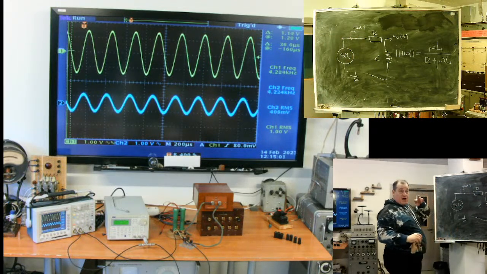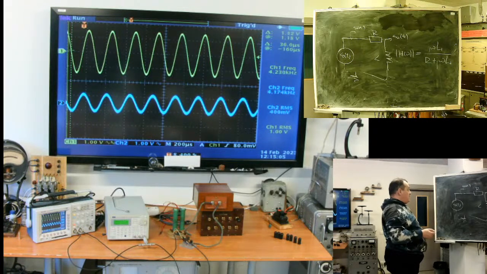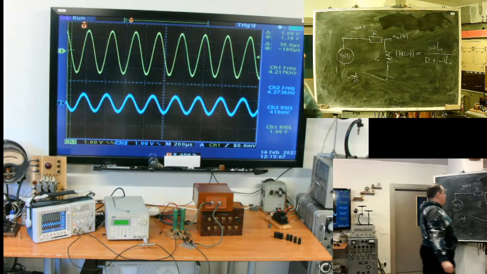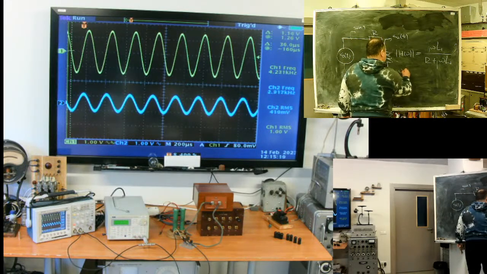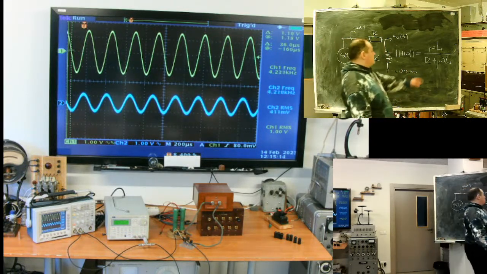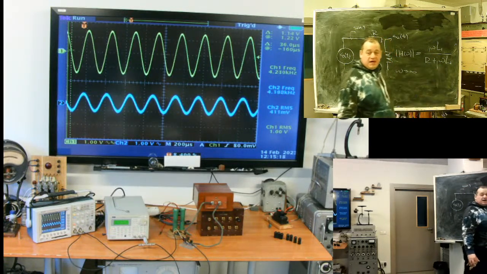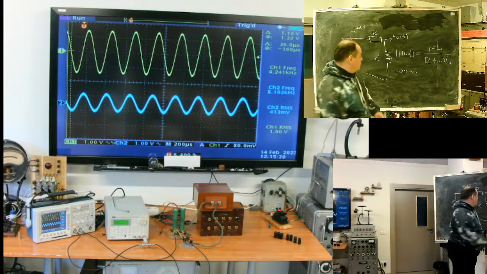That means from sine we go to cosine and go forward. Yeah, what can we say about this? If frequency increases to infinity, this one goes to infinity, this one also to infinity, and the ratio will be 1.